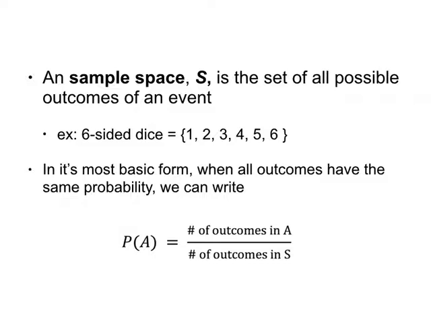So that's the probability P of A for event A occurring. We call all possible outcomes the sample space S, and the number of outcomes in A over the number of total possible outcomes is our probability.